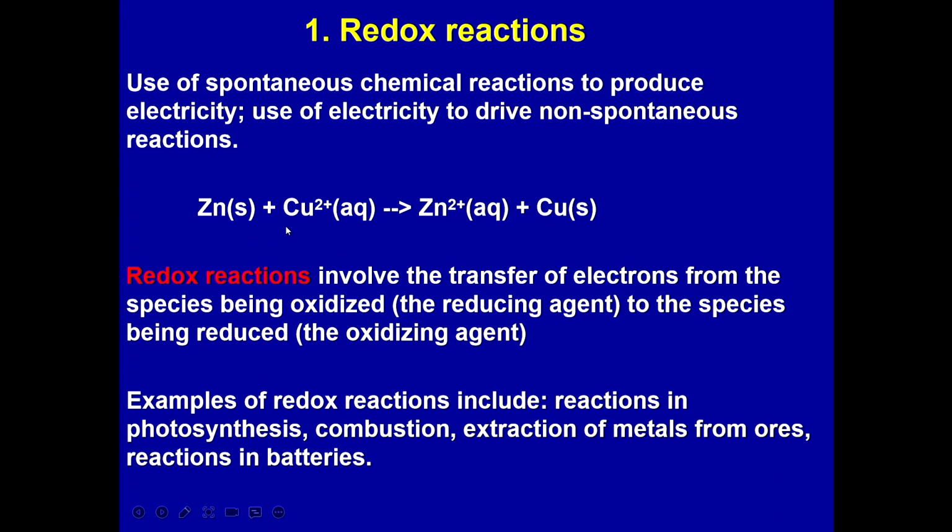So this is about redox reactions, and we can use spontaneous redox reactions to produce electricity. This is what happens in batteries.